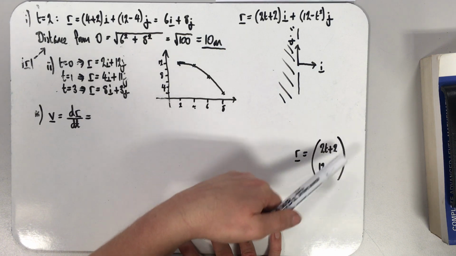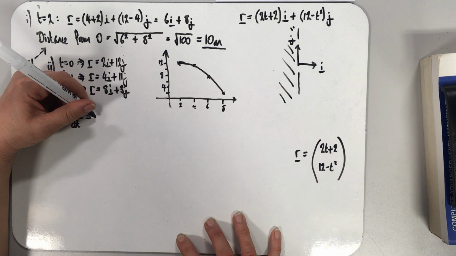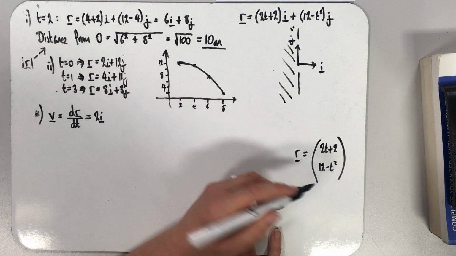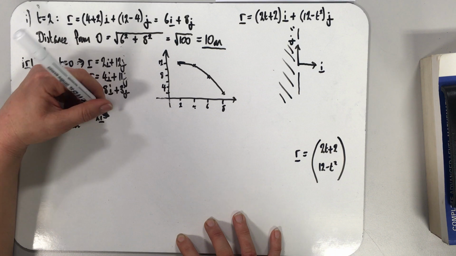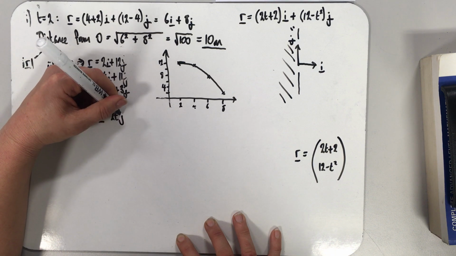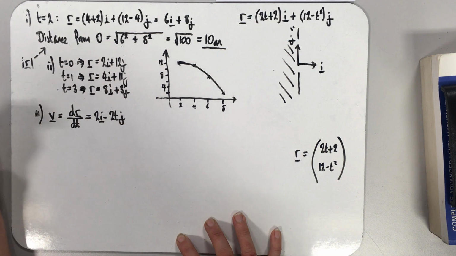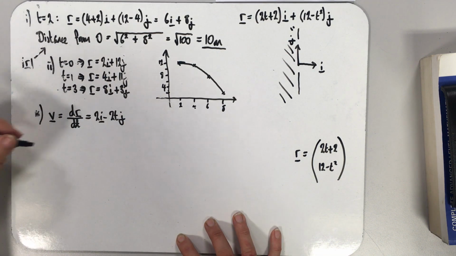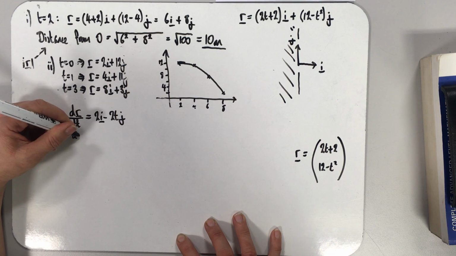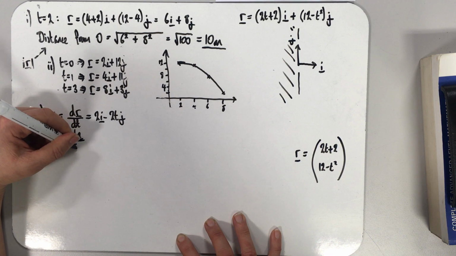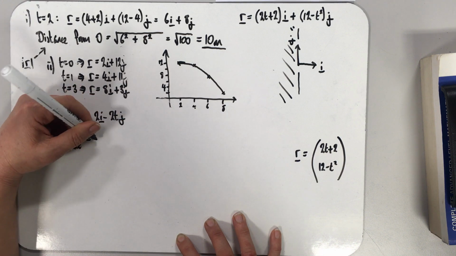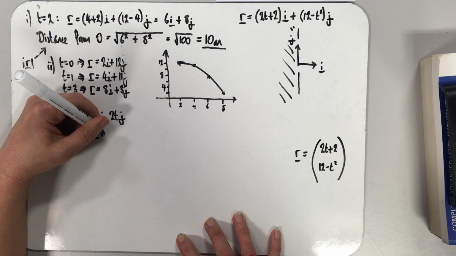I'm differentiating the i component, which gives me 2, and then the j component, which gives me minus 2t. So that's the velocity. And then the acceleration is dv/dt. If I differentiate 2, I get 0, and differentiating the j component, we get minus 2j.